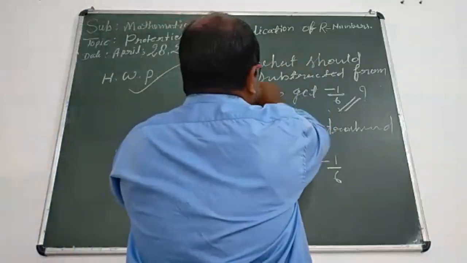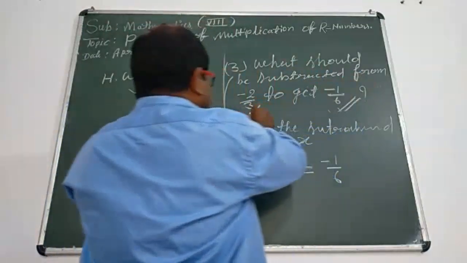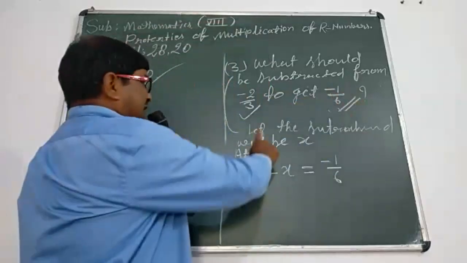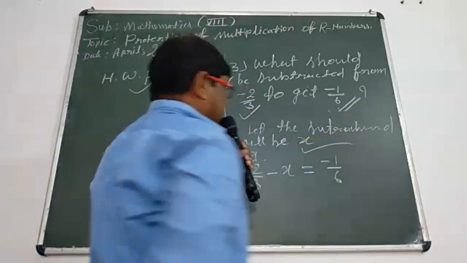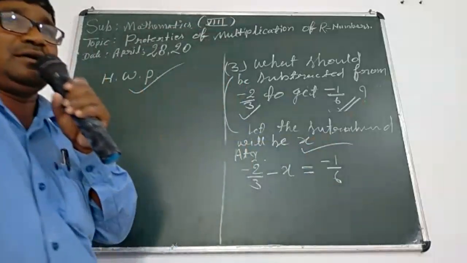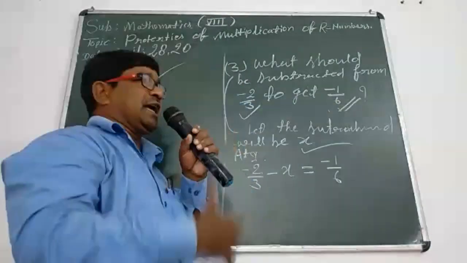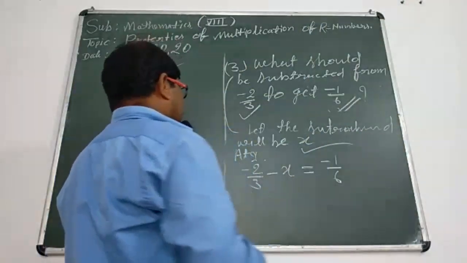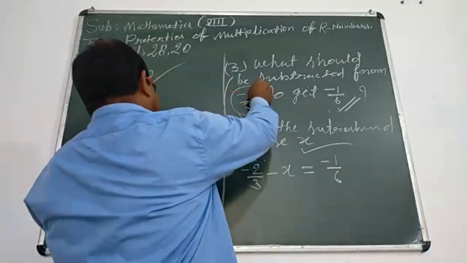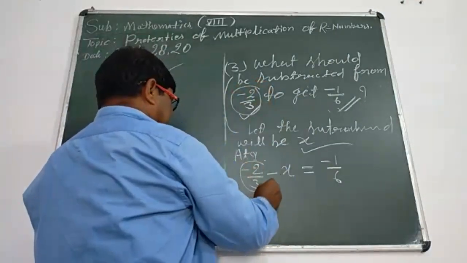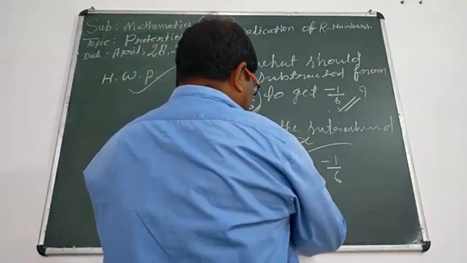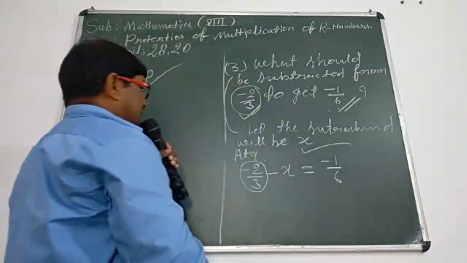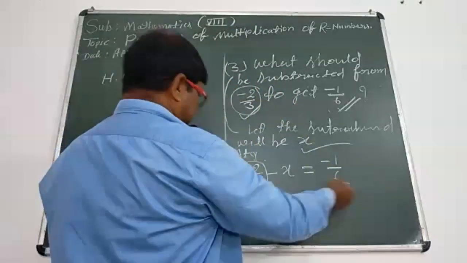So, what should be subtracted from this rational to get that rational? Let the subtrahend be x. Suppose we don't know anything, the question is asking what will you subtract, so supposed by us x. Now according to the question, this rational minus x equals, you are getting the difference minus 1 upon 6. Now simplify it.